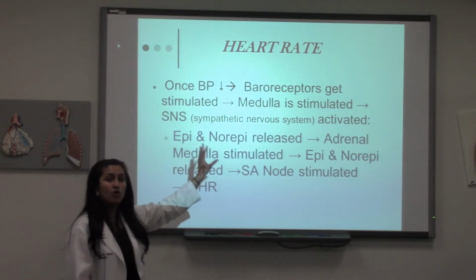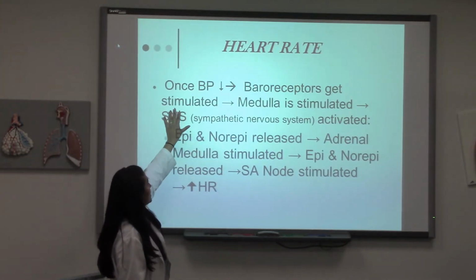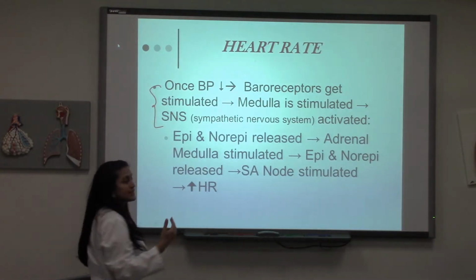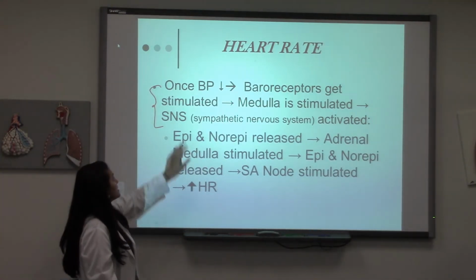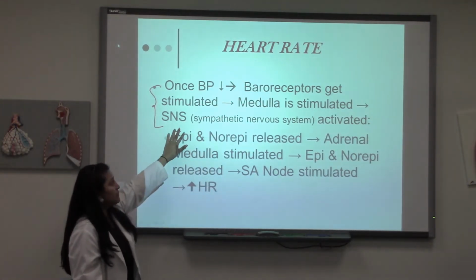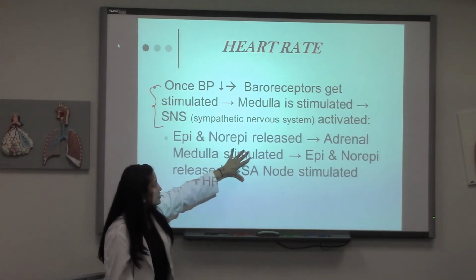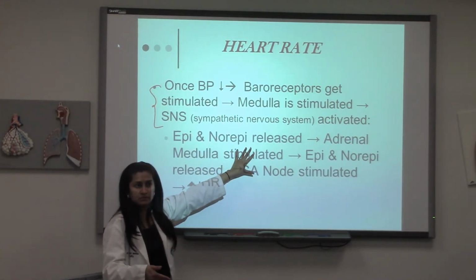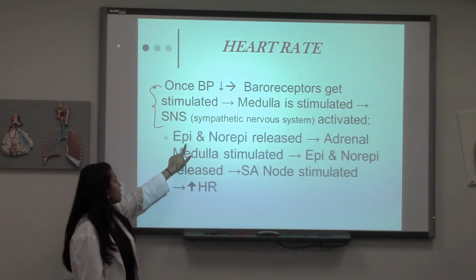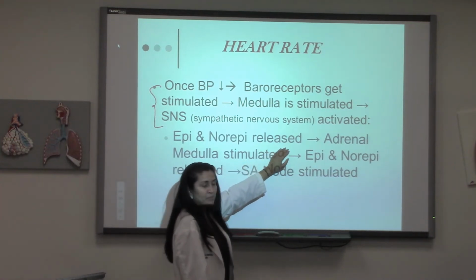Okay, let's look at how heart rate is increased. The majority of this part is going to be the same from one slide to the next: once blood pressure drops, baroreceptors get stimulated, which stimulate your medulla, and in turn the SNS is activated. This part is usually different from one slide to the next. The sympathetic nervous system is activated, and it causes epinephrine and norepinephrine to be released.